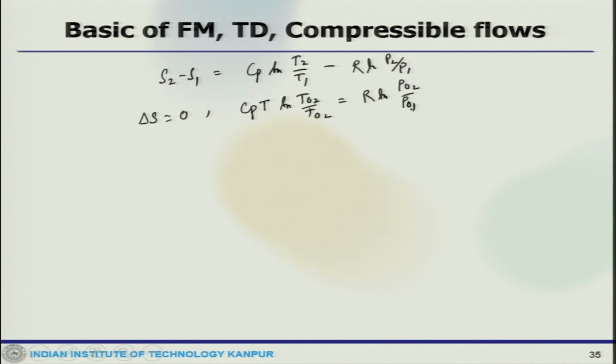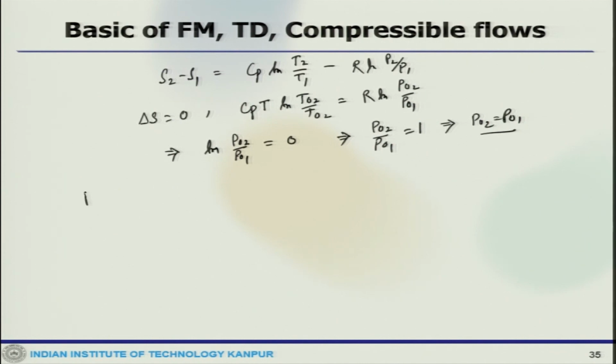So, we convert things in terms of stagnation conditions. So, we get ln P02 by P01 would be 0, which means P02 by P01 is 1, that is P02 is P01.